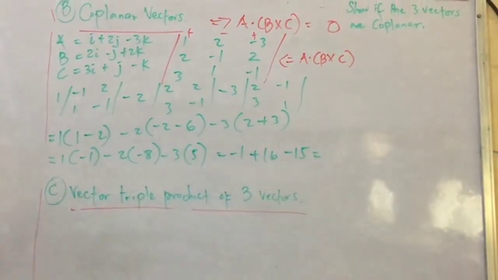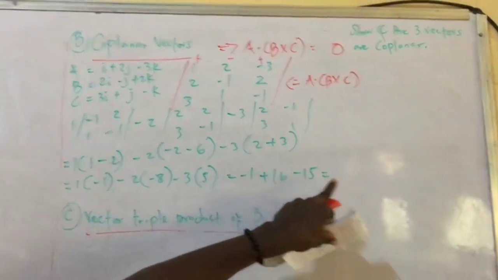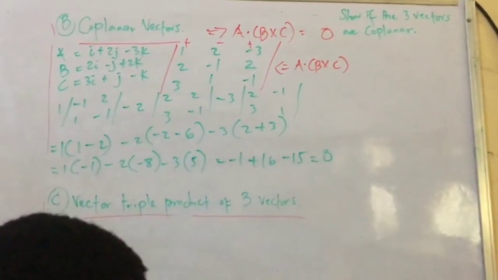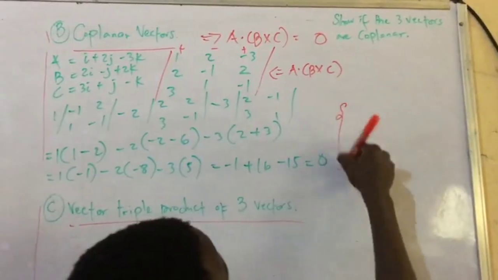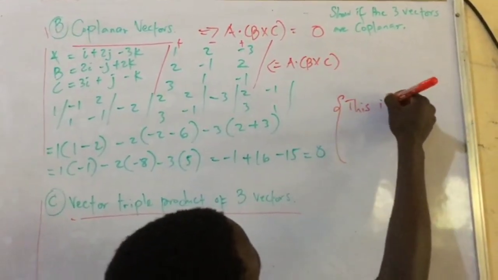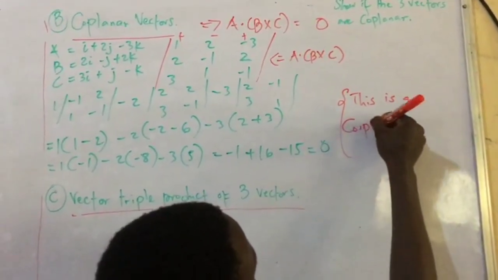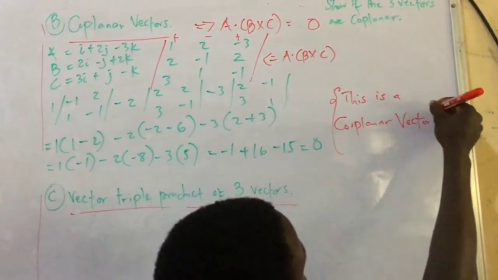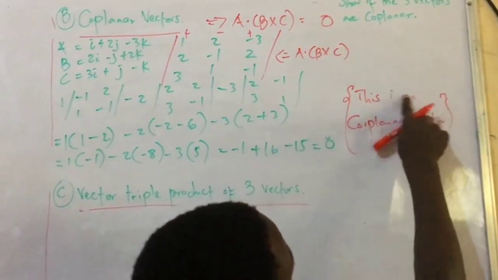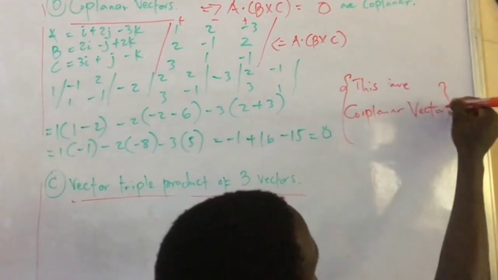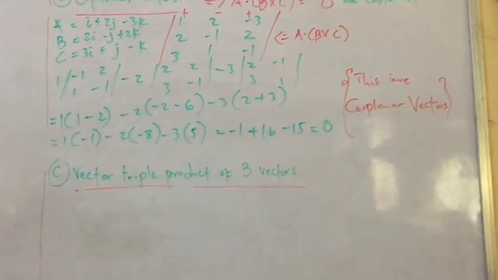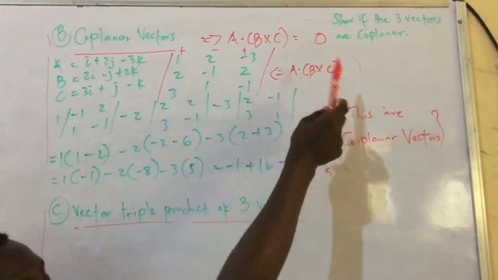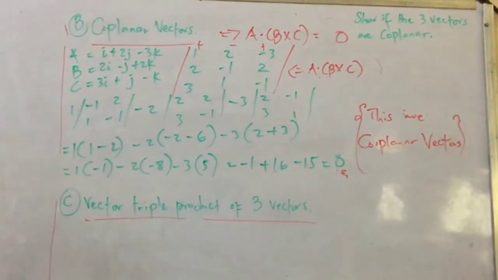So you can see that it is leading to 0, because minus 1 minus 15 is minus 16. Then minus 16 plus 16 will give us 0. So that means these vectors are coplanar. There are 3 of them that are coplanar. That's why it is leading us to 0. The product, A dot B cross C, will give us 0. That means it is coplanar.